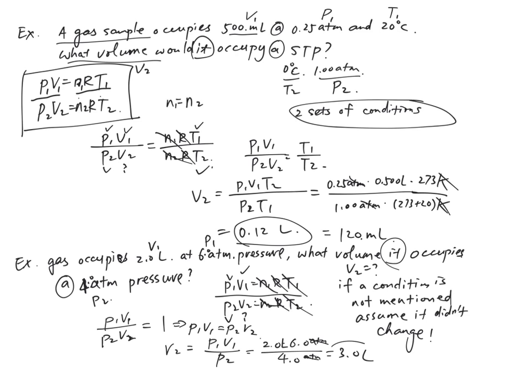Okay, so you got 3. Now, if a gas occupies two liters of volume at 6 atmosphere of pressure, then it will occupy 3 liters at 4.0 atmosphere pressure.